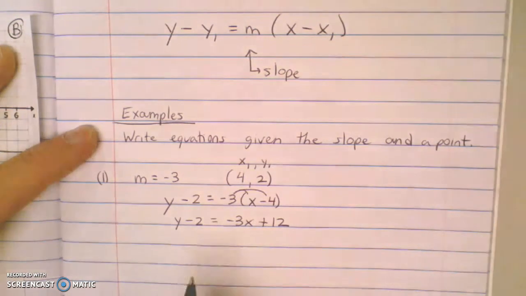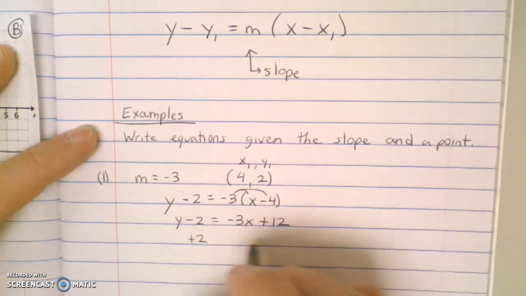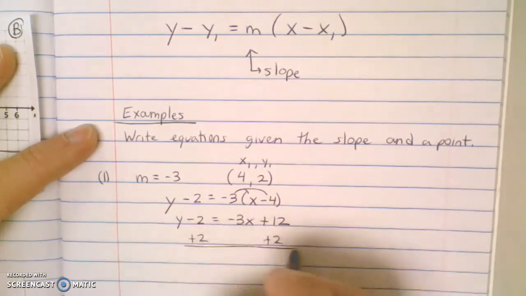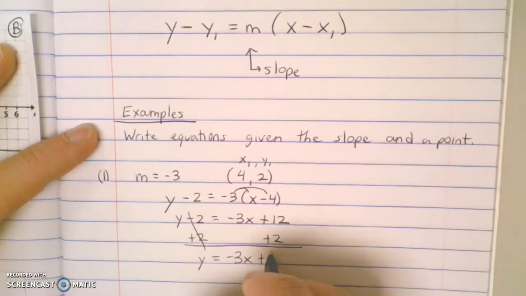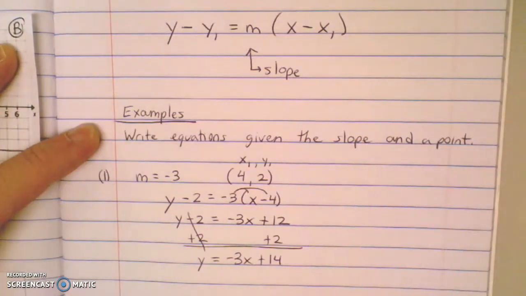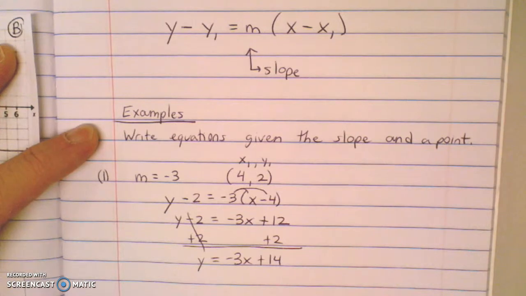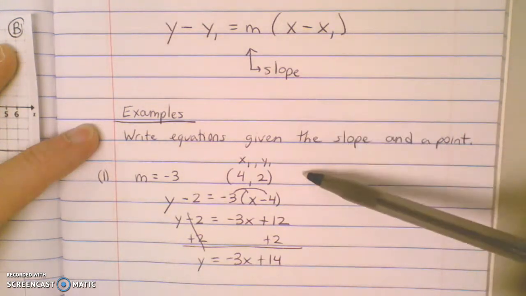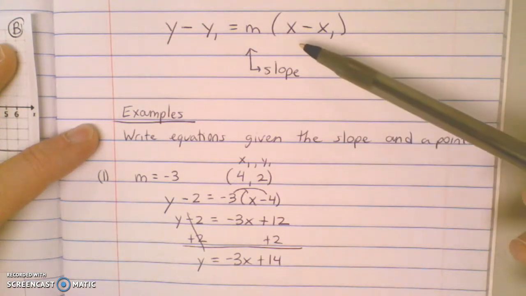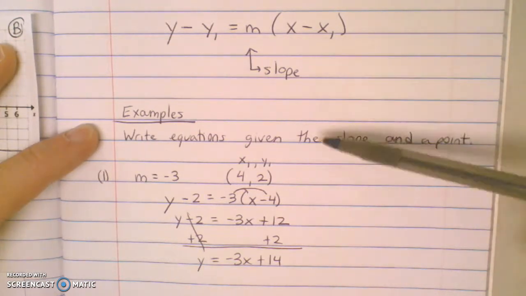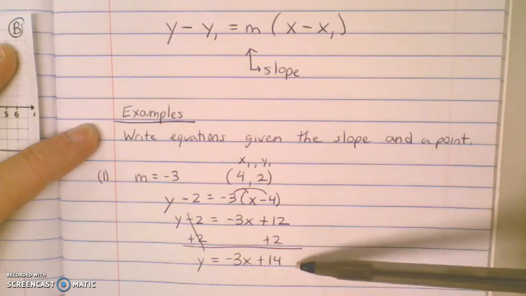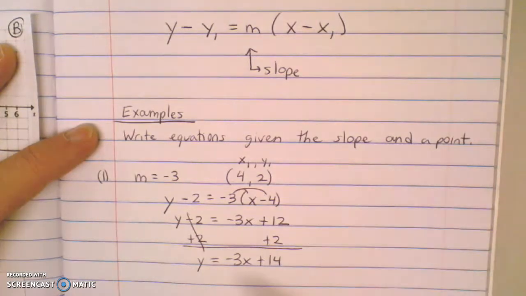And then to get the y by itself, I could rewrite, and then I have my equation. So I used the slope and 1 point to plug in values into this formula, and then from that formula I was able to simplify it back to a form that we're used to seeing in point slope or in slope intercept form. So I could graph this line now using that information.